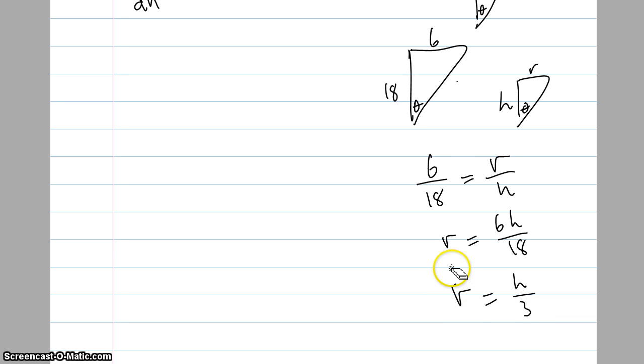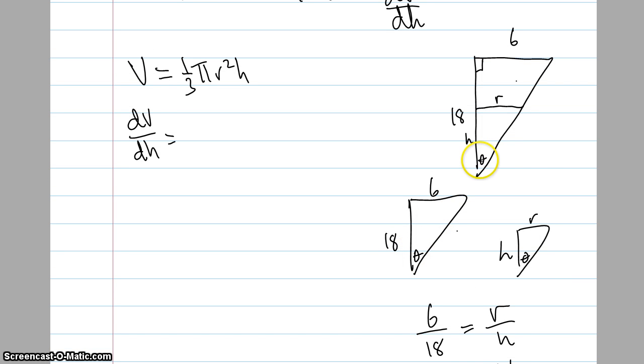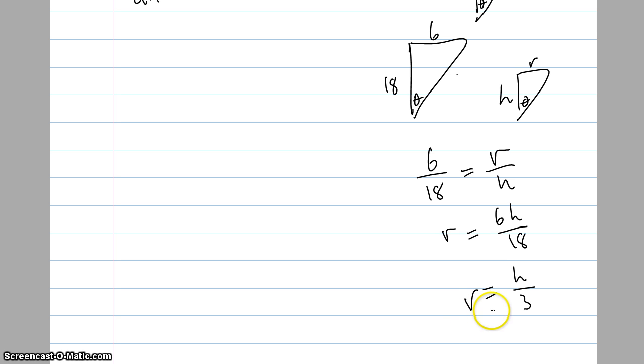Okay, so that's what r equals. I've used a process called similar triangles, based on this base angle here, and because it would be the same ratio, I end up getting that the radius is always going to be a third of the height.